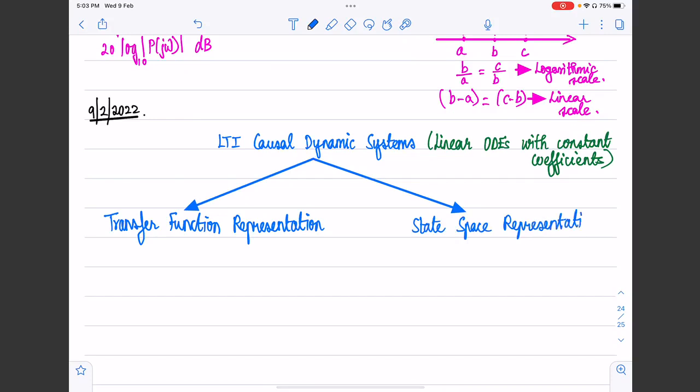So that is a big difference. But there are going to be some equivalences between the two representations, because ultimately the system is one. It is what it is. It is just how we are expressing the system's governing equations and governing model and doing the subsequent analysis that differs.